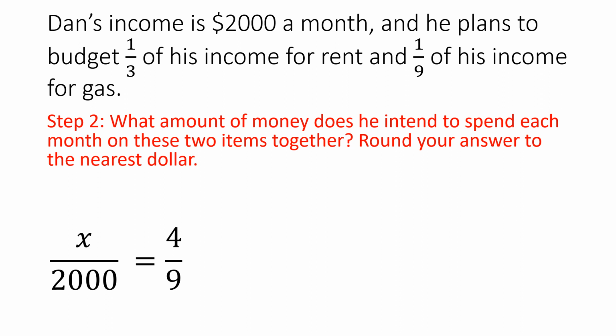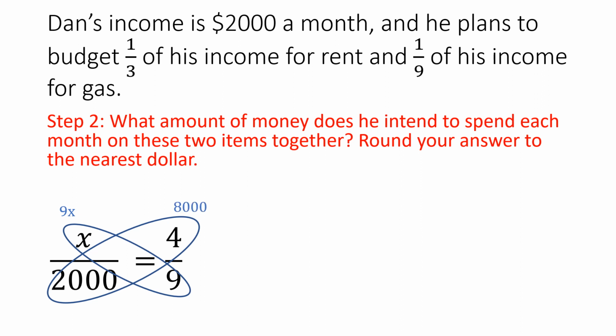We are going to do cross multiplication, but this time we have an equal sign, so we want to keep that in mind. So we're going to do x times 9, which would be 9x, and then 2,000 times 4, which is 8,000. Then we rewrite this with an equal sign in between. So we have 9x equals 8,000.